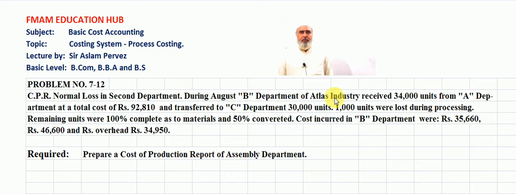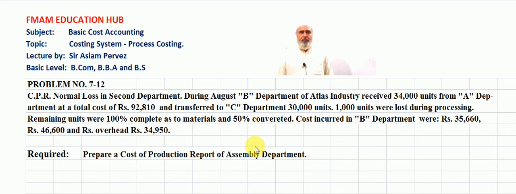B department of Atlas Industry received 34,000 units from department A at a total cost of rupees 92,810 and transferred to C department 30,000 units. 1,000 units were lost during processing. Remaining units were 100% complete as to materials and 50% converted cost.